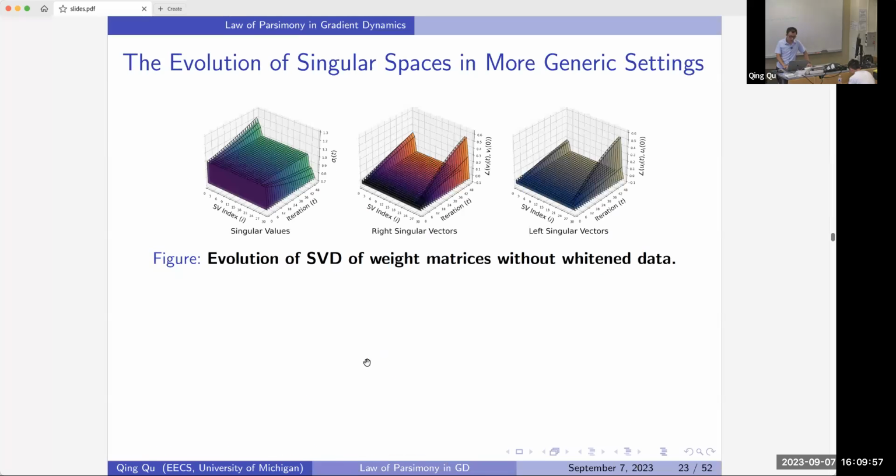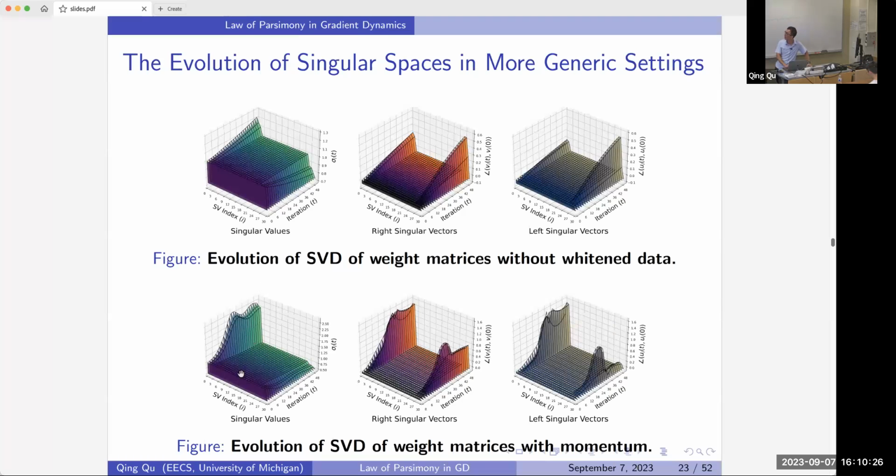And actually, we proved this invariant subspace under quite strong assumptions where our input is whitened. But in experiments, this phenomenon happens more generically. If your input data are not whitened but are near orthogonal, you can see that this invariant subspace approximately holds. It also holds not only for gradient descent but for variants of gradient descent.